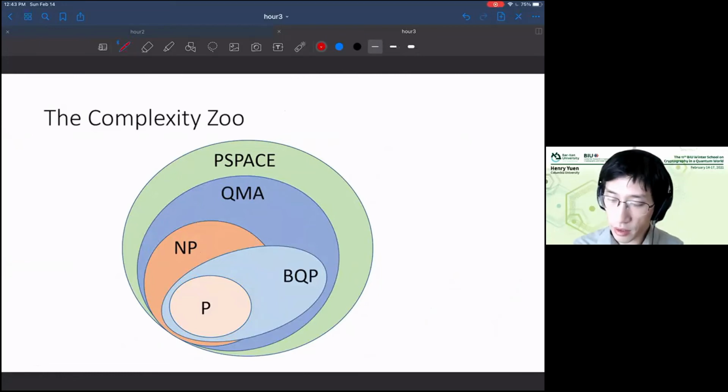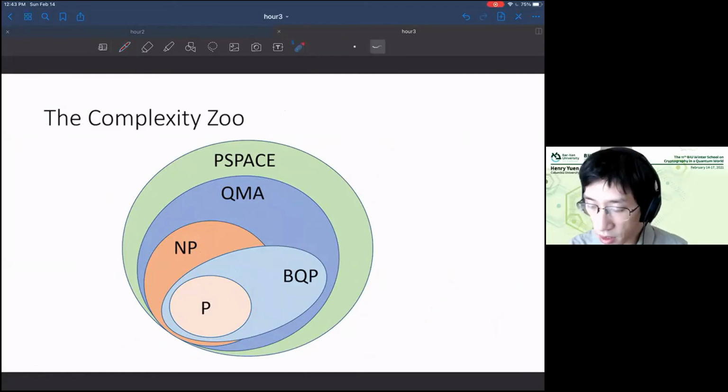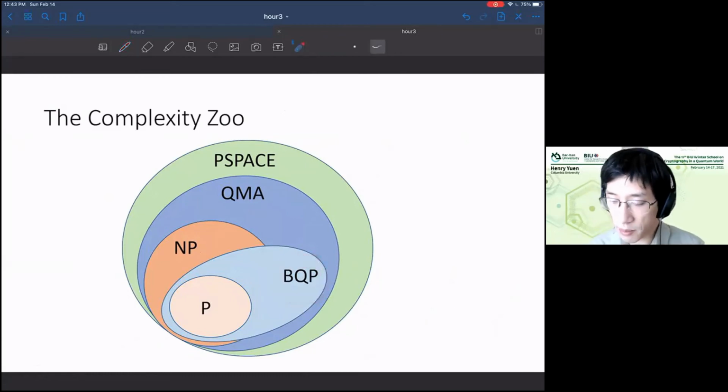Well, there's the quantum analog of polynomial time, which is called BQP, bounded error quantum polynomial time. And it certainly contains all of the problems that are classically solvable in polynomial time. So it contains P. We don't believe that BQP contains all of NP. We don't think quantum computers can solve NP problems in polynomial time. So these two sets should be different.